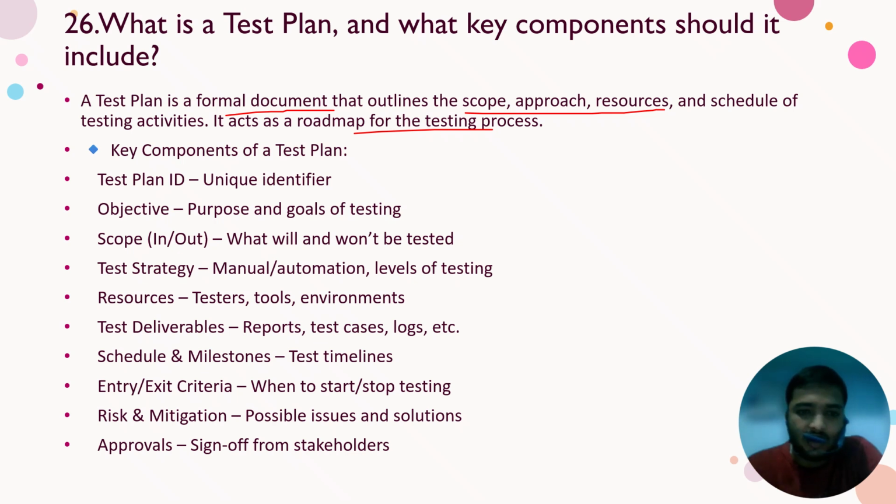Key components of the test plan: test plan ID, objective, the purpose and goal of testing, scope, what we want to be tested, test strategy, manual or automation, and levels of testing, resources, test tools, the environment, test deliverables and reports, test case logs as suitable, milestones for the timeline, entry and exit criteria, risk and mitigation, then approval and sign-off from stakeholders.